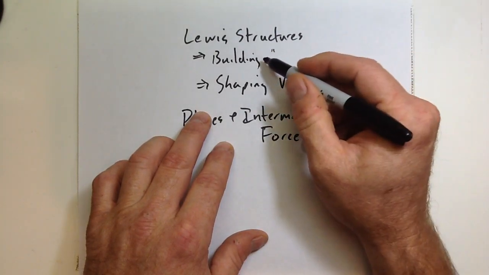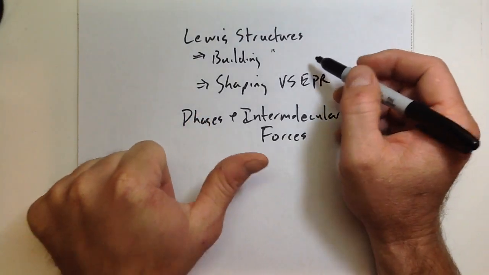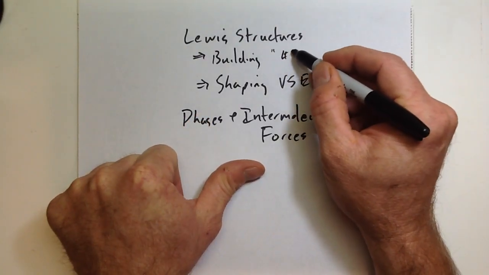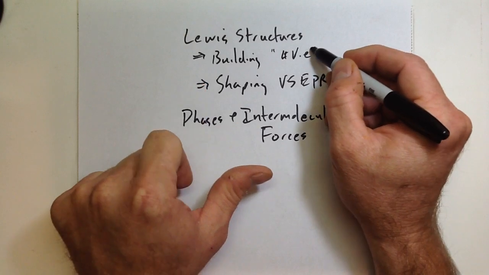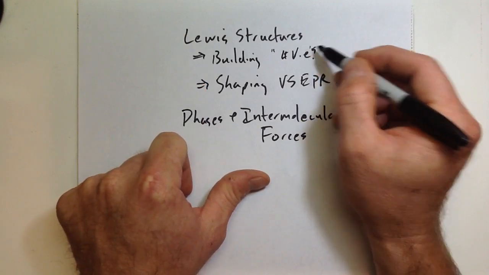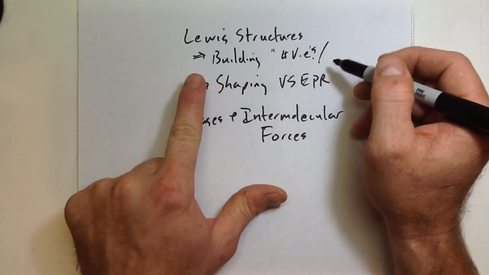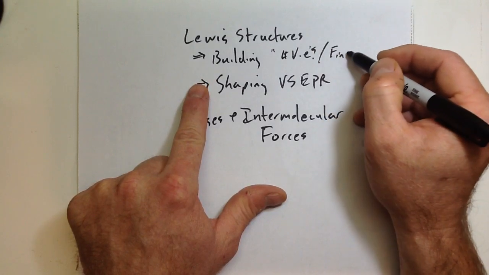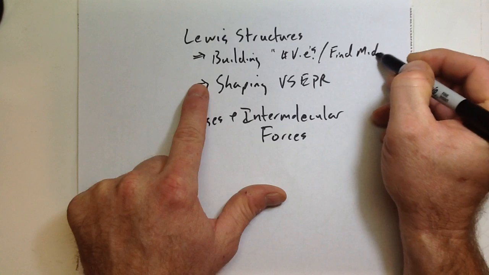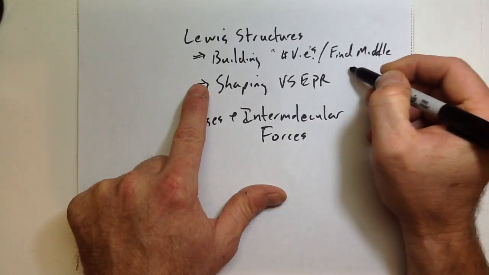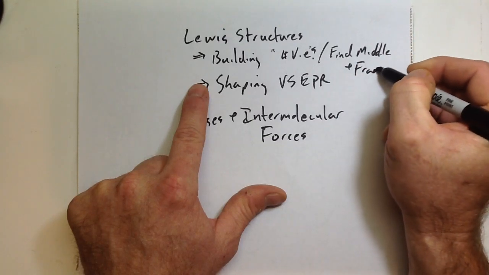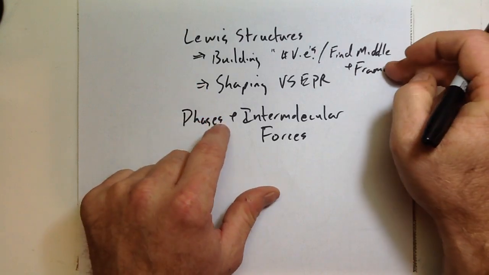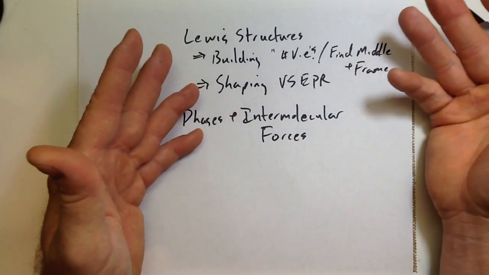We're going to use 3 rules for building. They're finding the number of valence electrons, second, finding the middle and framing around it, and then adding all the other electrons in.